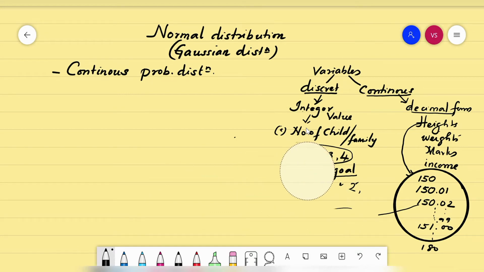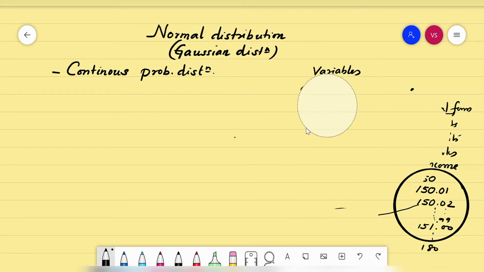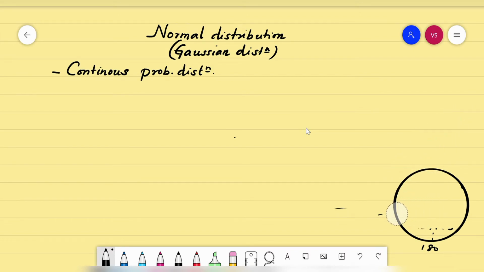In the sense that most of the variables that we come across have the tendency to be adopted as a normal variable. That is why this normal distribution is very important for us to understand.